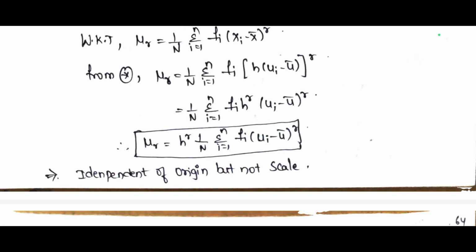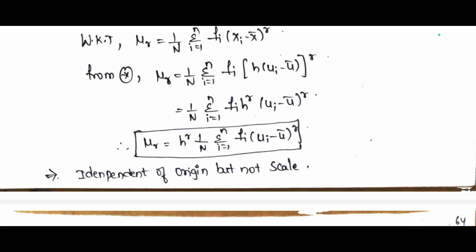So here we got independence from the change of origin. That means we are not getting any constant value of a, but we got h to the power of r as a multiplier. So we can say that it is independent of the change of origin but not of the scale.